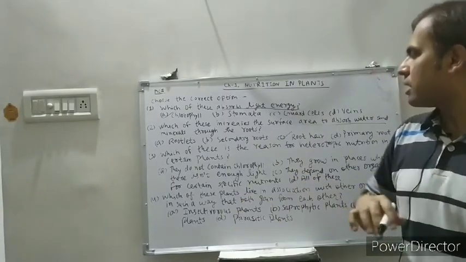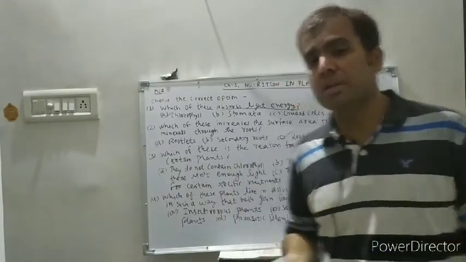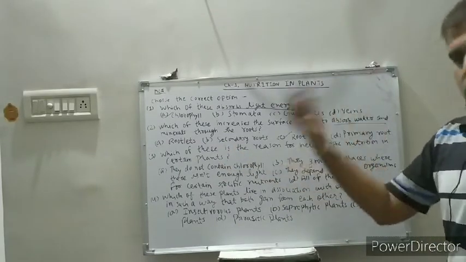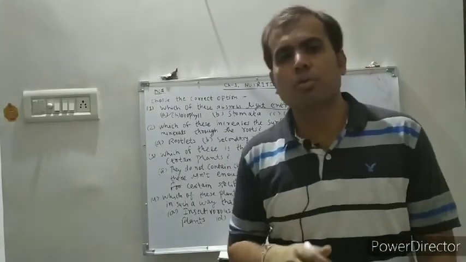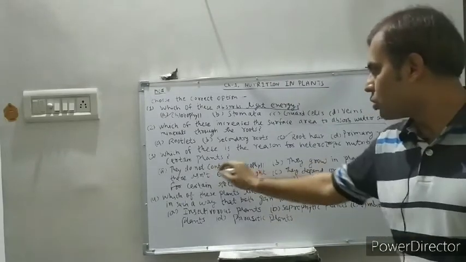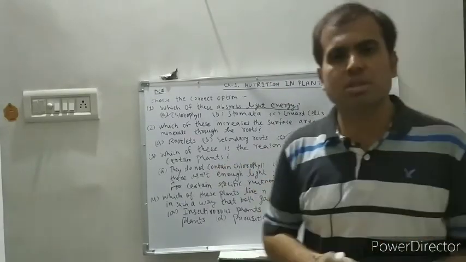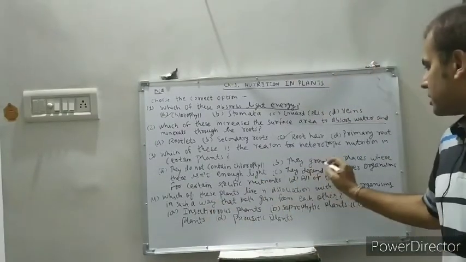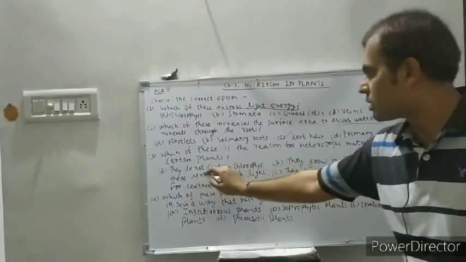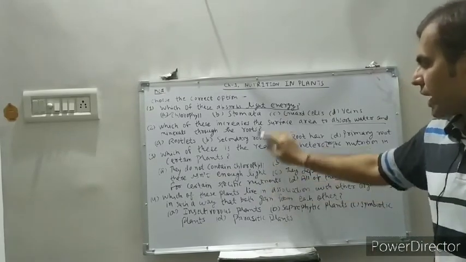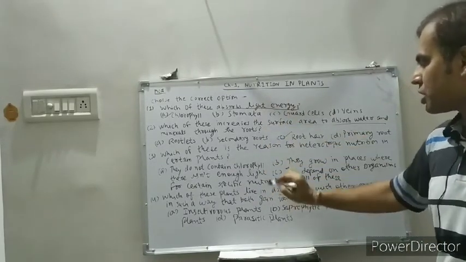So what is the reason that heterotrophic plants do not make their own food? Because they do not contain chlorophyll, so there is no photosynthesis, and they grow in places where there is not enough light, because chlorophyll needs light energy. We have discussed this in the first question.